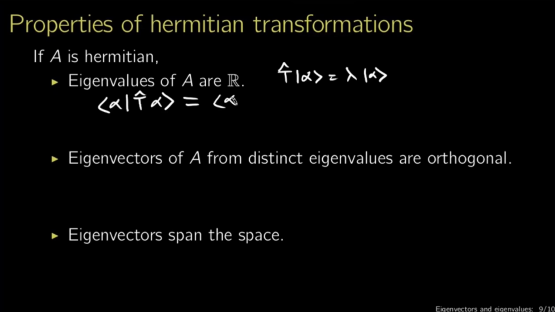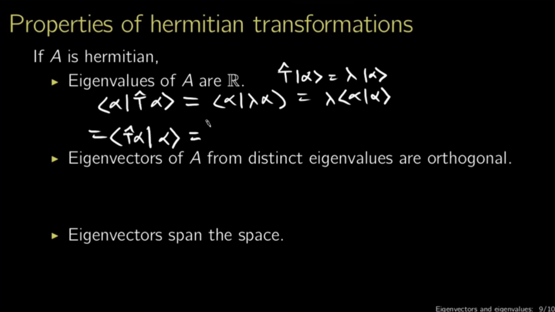It gives me lambda times alpha. But I can of course pull the lambda out and get the inner product of alpha with itself. If T is Hermitian, I can also allow this to act from the left, like so. These would then be equal to each other.